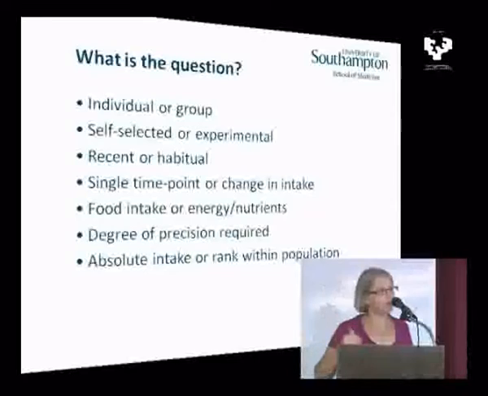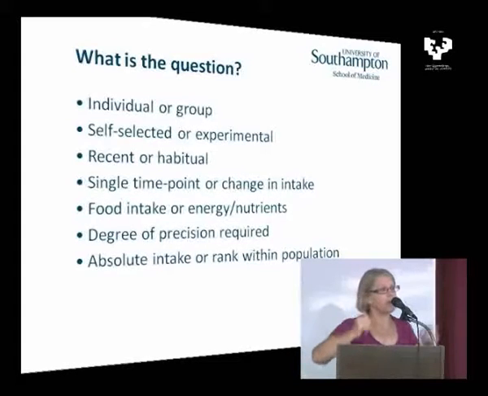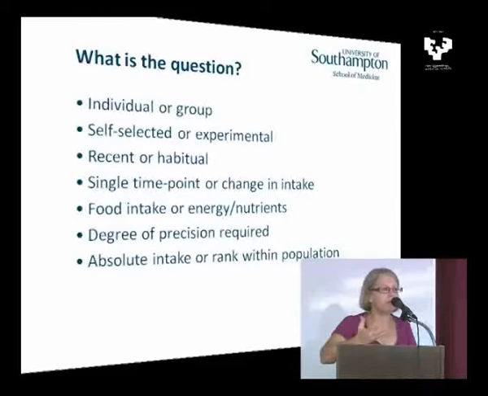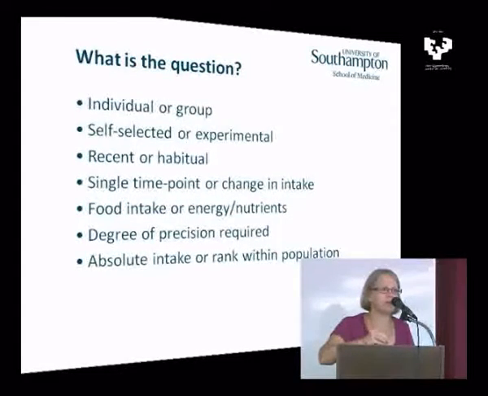Do you put something up on the web and ask people to fill in a form? Do I ask a group like yourselves, would someone want to fill in this questionnaire, or is it experimental? So is it a random sample? Is it a sample based on within a group, say with diabetes, if you're interested in diabetics, do you then take a random sample of diabetics? So you need to think of what it is you're asking.